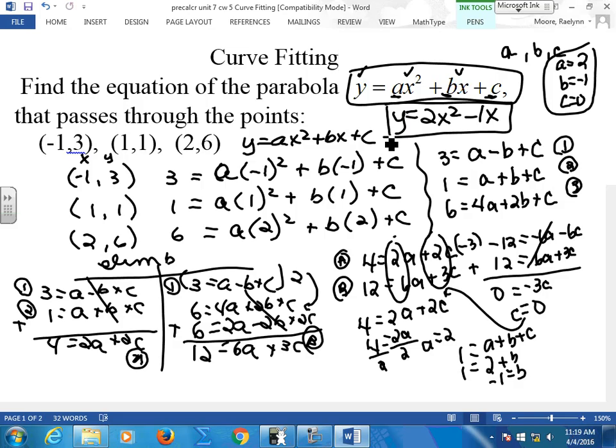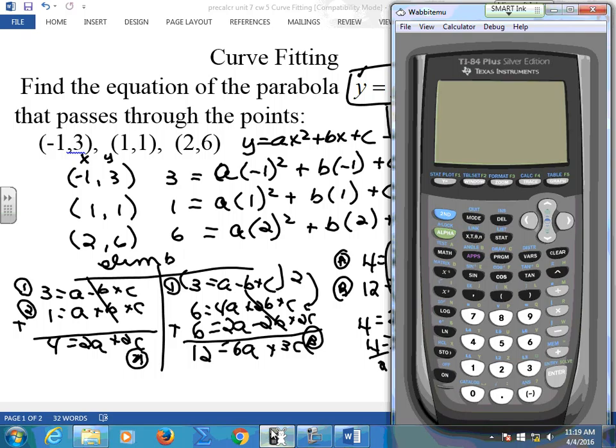So my check would say, put this in my calculator, go to my y equals, put this in my calculator, 2x squared minus x, graph it, and just look at my key here.